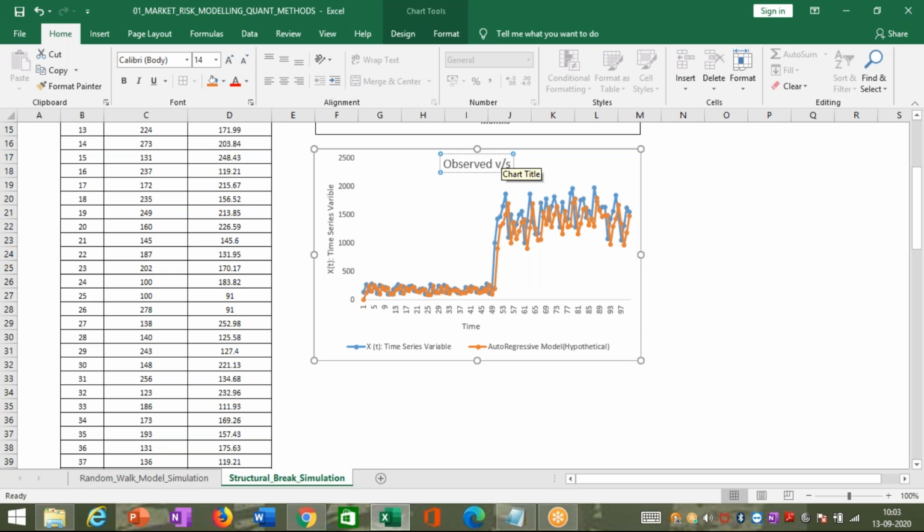Observed versus AR1 hypothetical prediction.